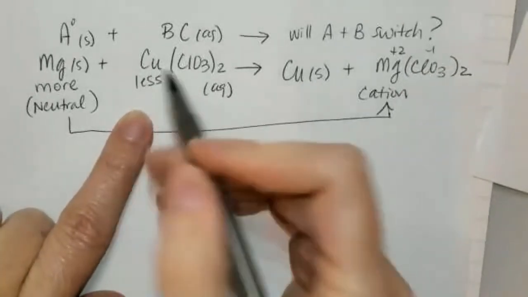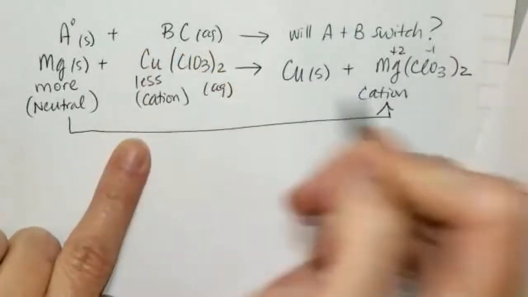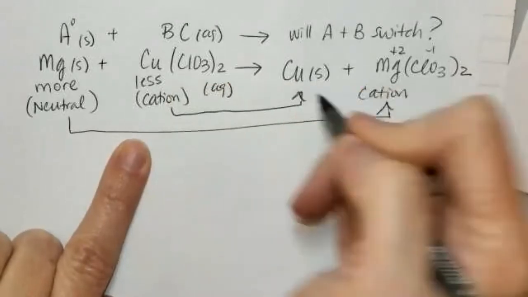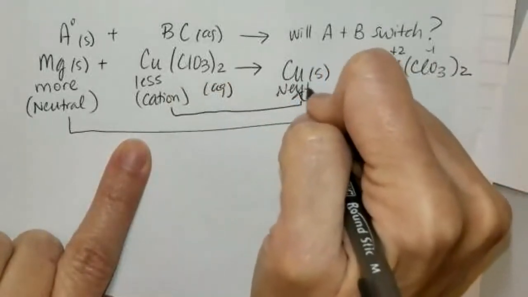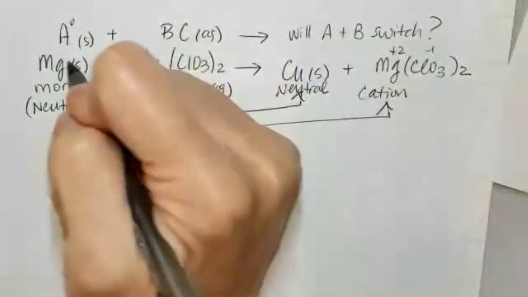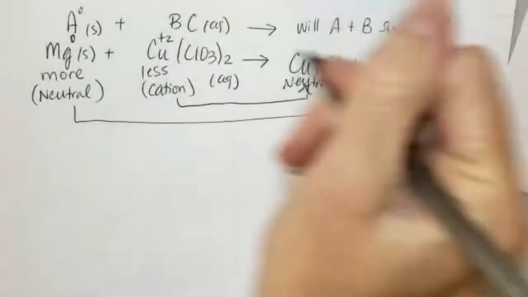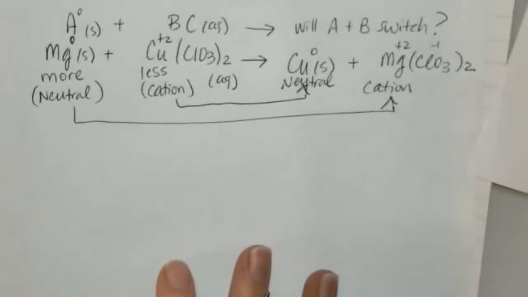Then the copper, which starts out as the cation, in this case +2, will become the neutral. That is redox. I'm changing my charges. I went from magnesium with 0 charge to now magnesium +2. The copper in the copper 2 chlorate starts out as a +2, and now it becomes a neutral.